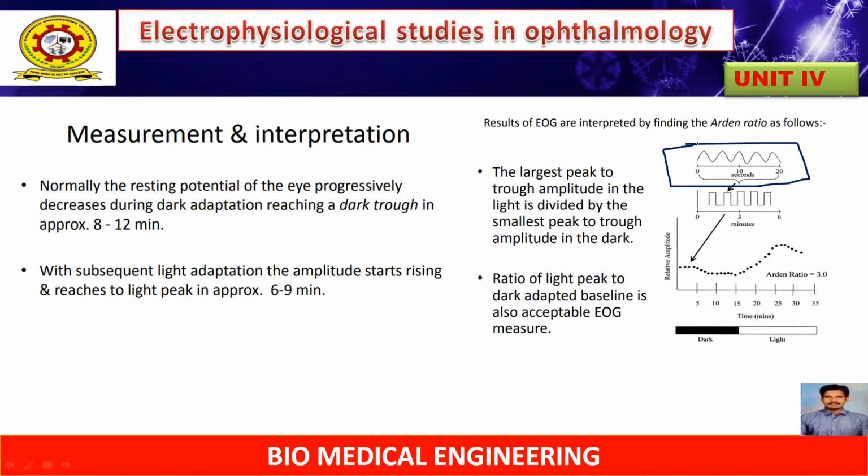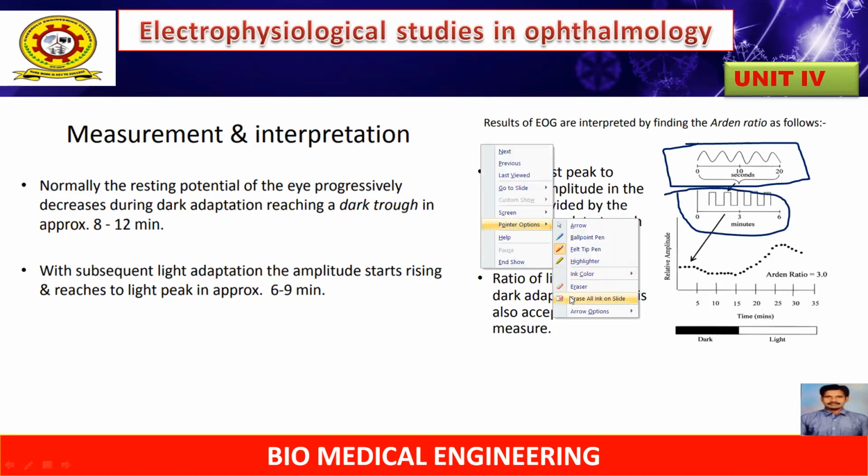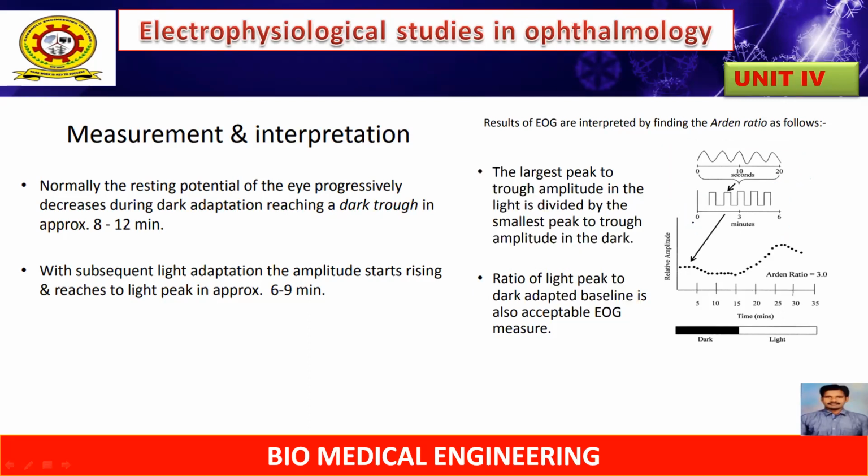When this signal attains the maximum value, that reading is considered the numerator. And see here, at the bottom, a reference signal is available. That reference signal is simply called the dark trough signal. Clear? By measuring this, we have some dark, up to this, a dark straight line.